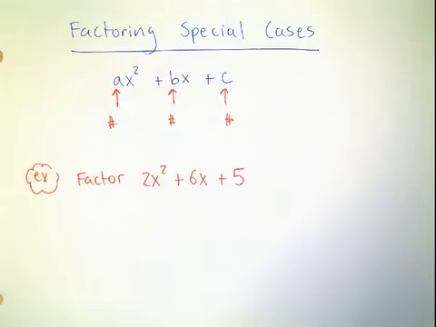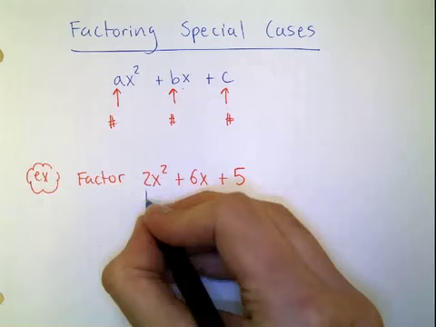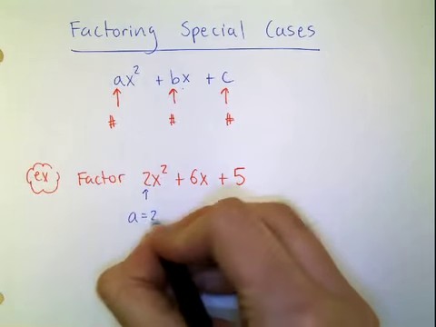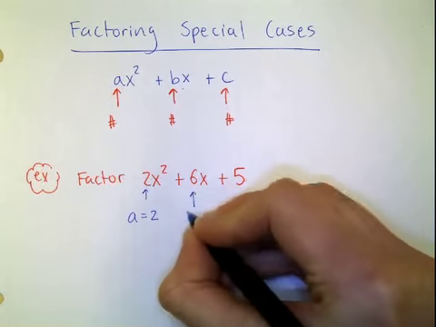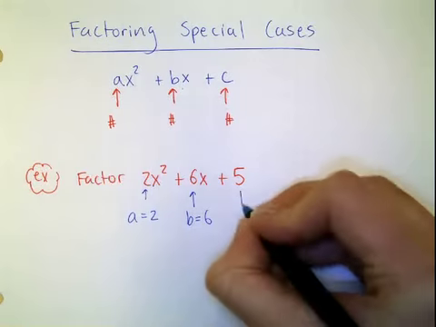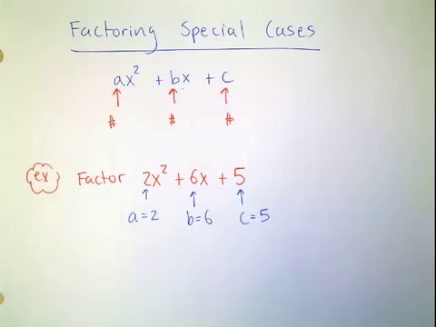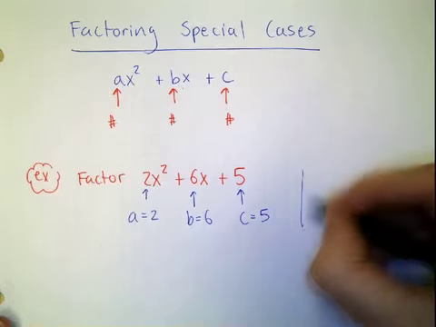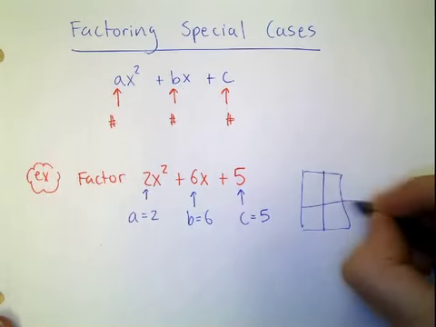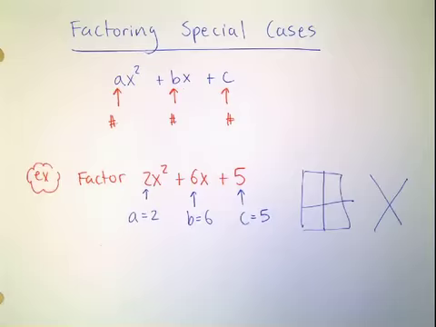If I was asked to factor this, I can already tell that A is equal to 2, B is equal to 6, and C is equal to 5. That's my ABCs of this equation. I would know that if I want to solve this, I do that whole rectangle diamond method. I draw my rectangle, draw my diamond, like in the last couple videos, and I'd solve it, or try and solve it.